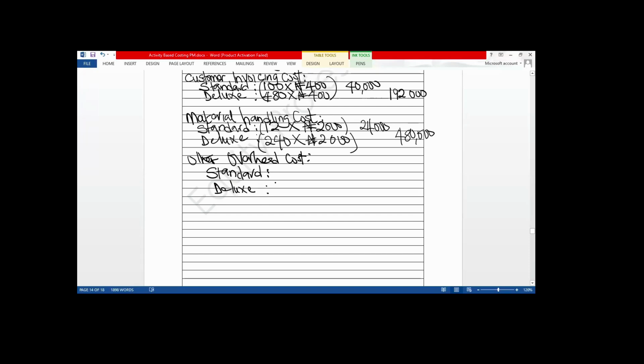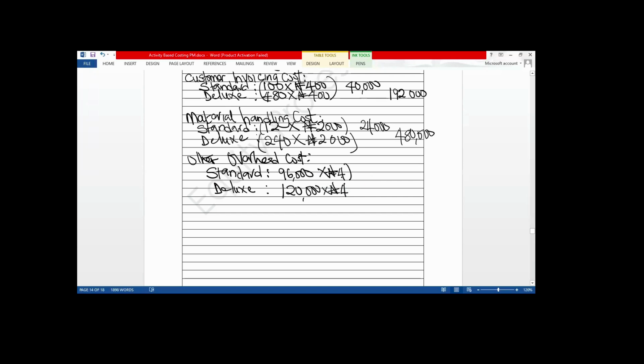For standard is 96,000 hours, from our part A. For dealers it is 120,000 labor hours, at a rate of 4 naira per labor hour. Please work this out. What do you have?